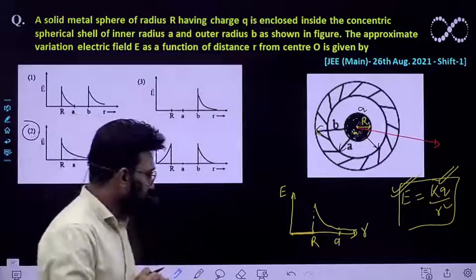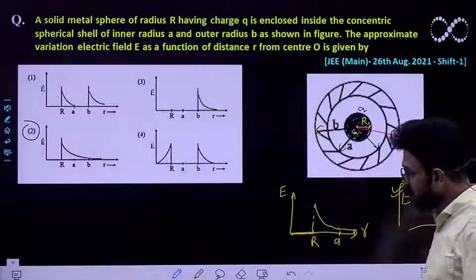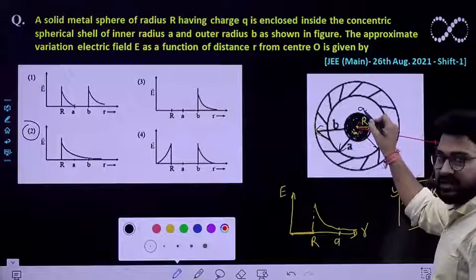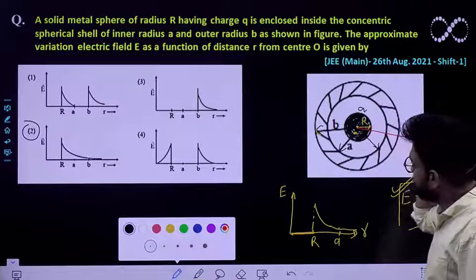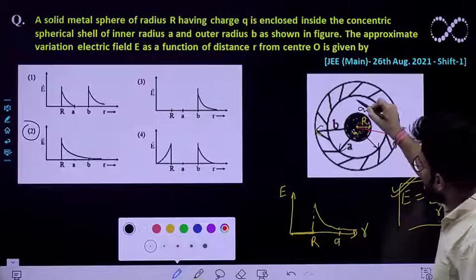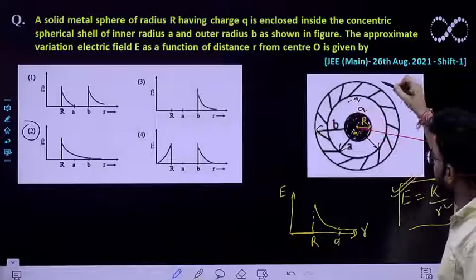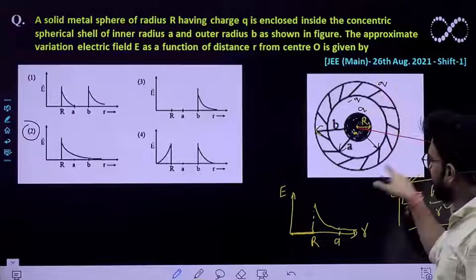What if the shell is conducting? If Q charge has been accumulated at the surface of the innermost metallic sphere, then minus Q charge would be accumulated at the inner surface of the shell, and plus Q charge at its outermost surface.